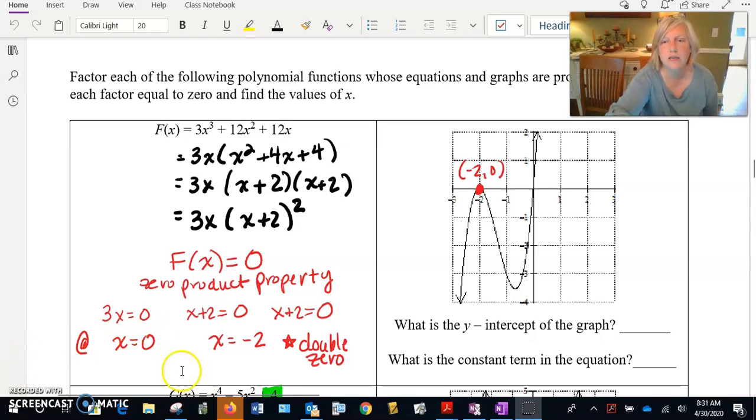So if I'm looking at this thing right here, you can see that it comes up, it bounces, and it comes back down. And then the same thing over here. Do you see how this one was just a single 0, right? It only occurred once in the problem, and that single 0 just crosses. And so that's something we're going to talk about in more detail later, which is called the multiplicity of the zeros and the behavior of the graph.